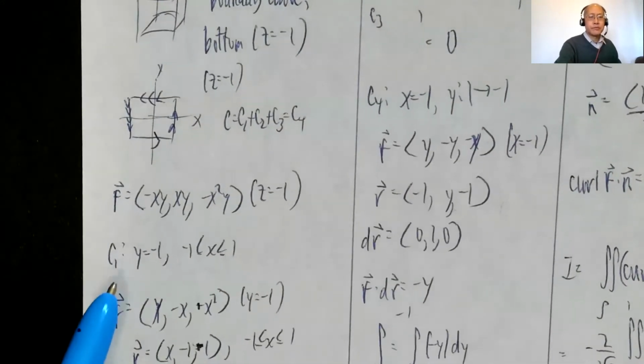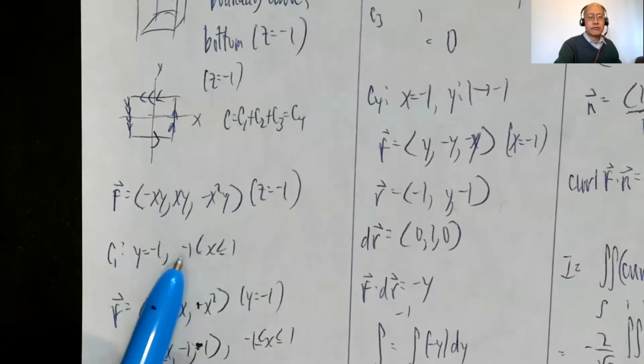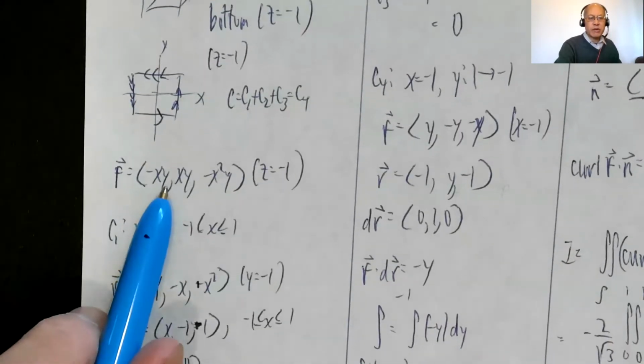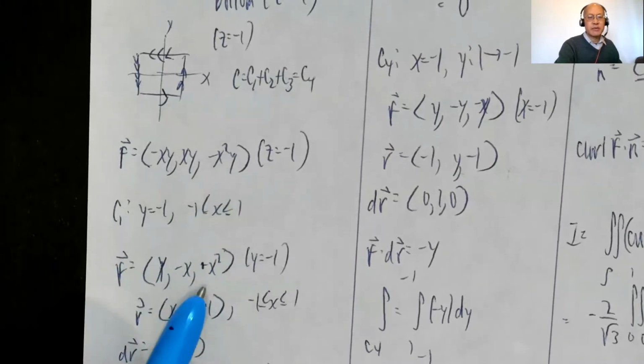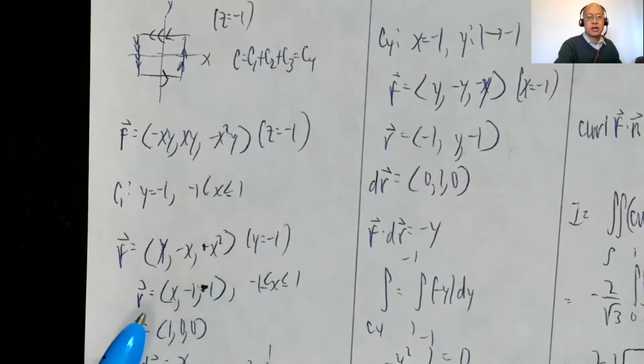Work them all out. On C1, y is -1. x goes from -1 to 1. So I plug in -1 right there, that gives me x. -1 there gives me -x. -1 there gives me x². And y is equal to -1.